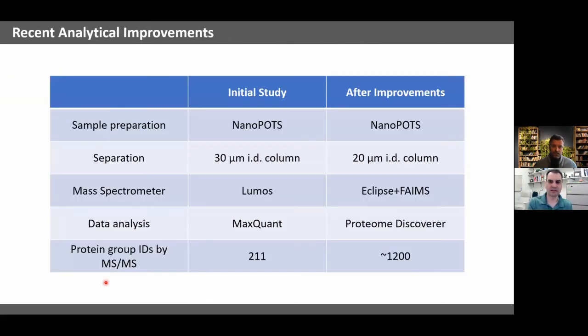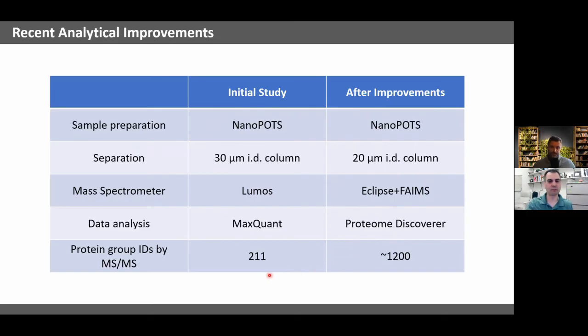I haven't had a chance to really discuss more recent analytical improvements to the overall workflow, but there's still a lot of work to do in terms of improving sample processing by miniaturizing separations, using some front-end ion filtering, more sensitive mass spectrometry, and more sensitive data processing algorithms.